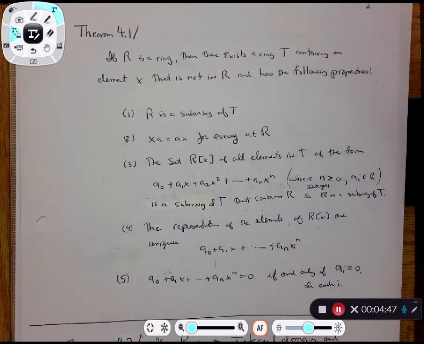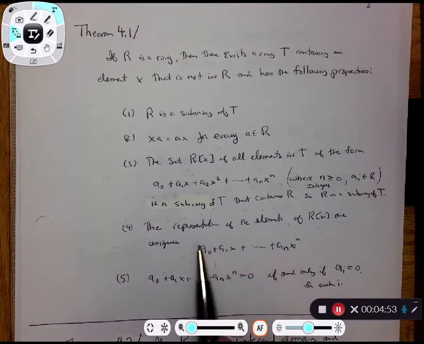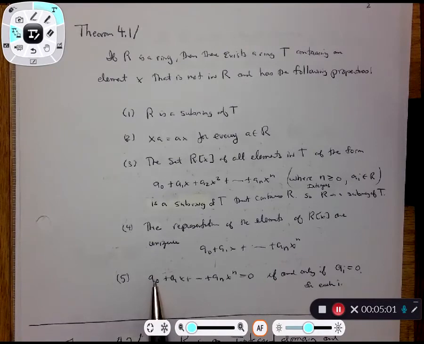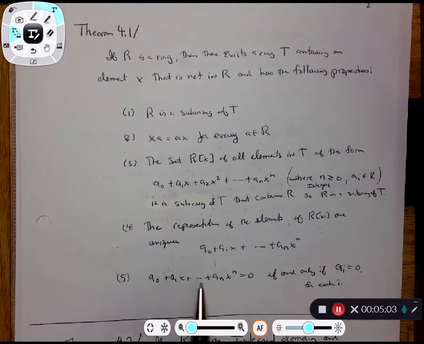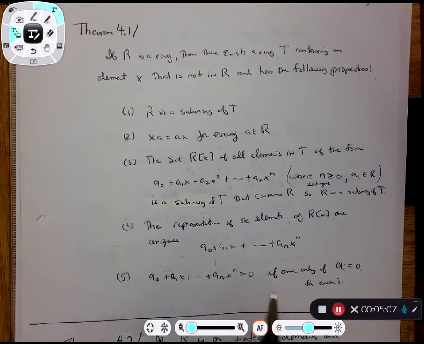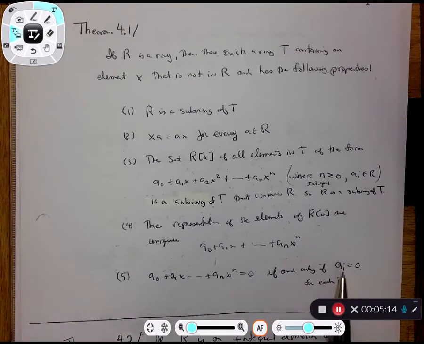Number 4, the representation of the elements of R adjoined x is unique. This is the unique element that's going to be in this R adjoined x. And number 5, if you've got this polynomial, a_0 + a_1 x + ... + a_n x^n, if you set that equal to 0, that will be the case if and only if each of the coefficients is equal to 0, for each one of these a_i's.